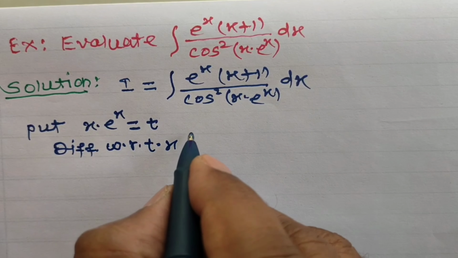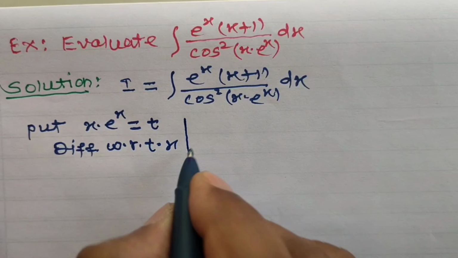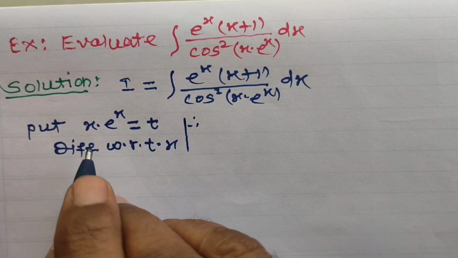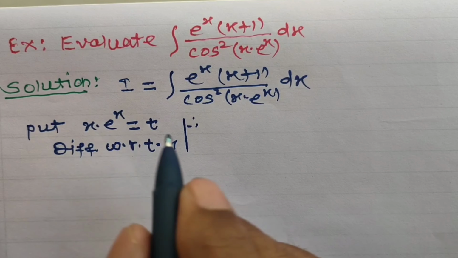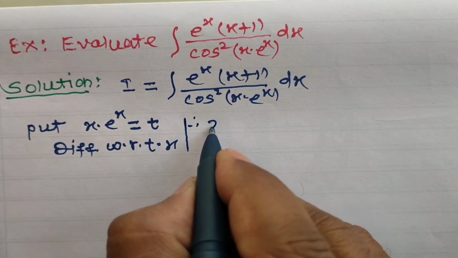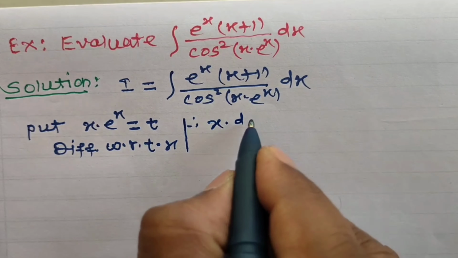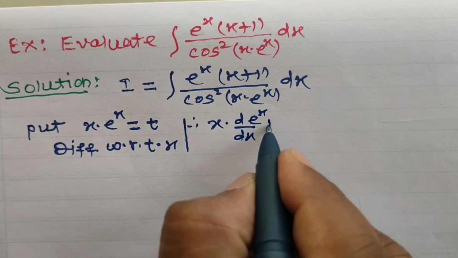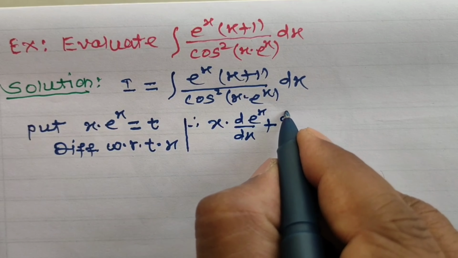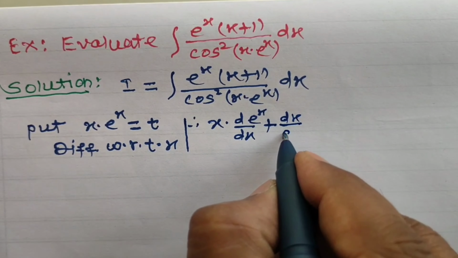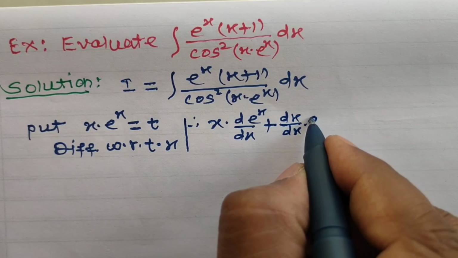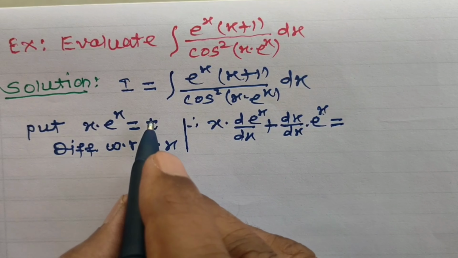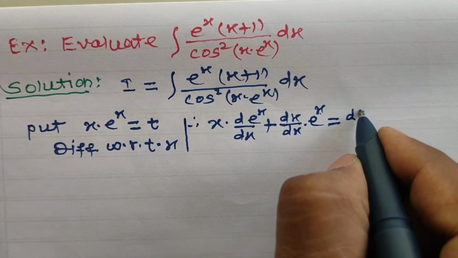Hence, derivative of x into e to the power x using the multiplication formula: first function as it is into derivative of e to the power x with respect to x, plus derivative of first function with respect to x into second function as it is, equal to derivative of t with respect to x.